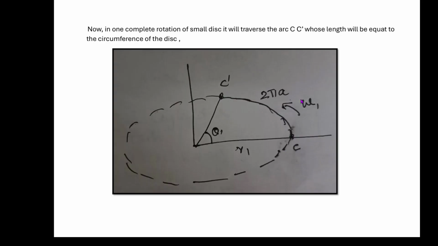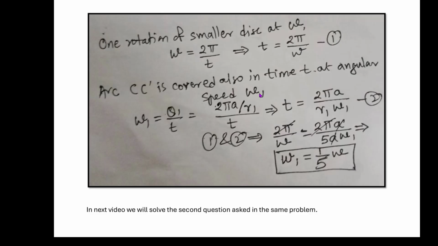Now both are happening in the same time frame, because the time it takes for this small disk to complete one rotation, the same time is required for this point C to again come back or traverse the arc CC dash. So if this angle is theta 1, we will do the calculation as one rotation of the smaller disk at omega: if it is taking time t, it will be 2 pi by t. So t is equal to 2 pi by omega. This is my first equation.